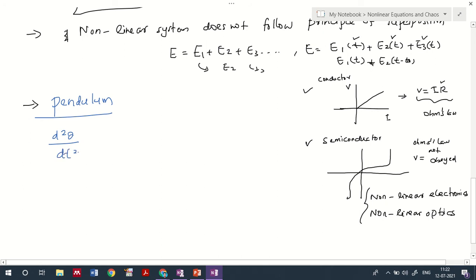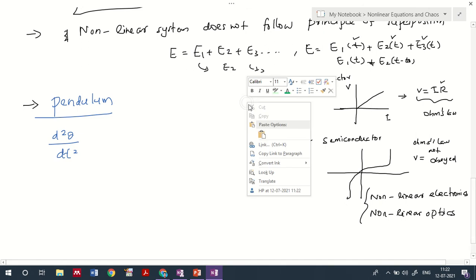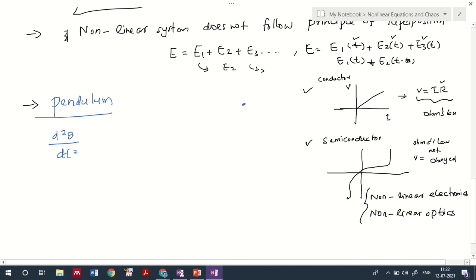We represent the pendulum as moving, oscillating from its original position to another position, where this is theta, this is L sine theta, and this is our L. You would have already done this representation in your classes.